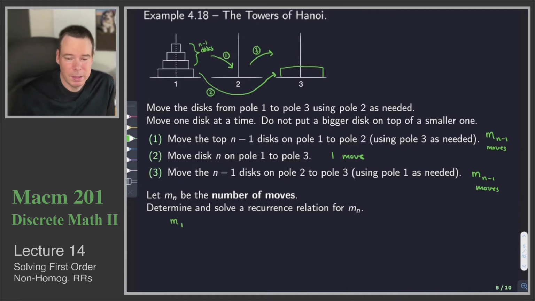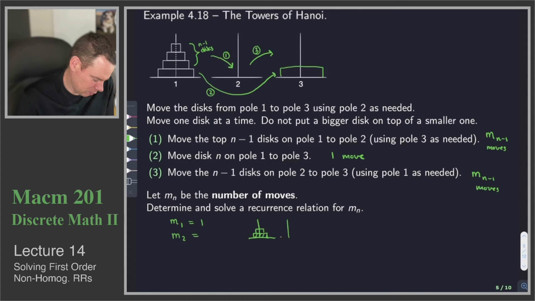m sub 1. If there was only one disk, well, then it would take one move. We just move that one disk from pole 1 to pole 3. How about m sub 2? If there were two disks, let's just get a picture drawn here. Maybe I should call this disk 2 because I think I'm calling the larger ones the higher numbers. So we've got our large disk and our small disk.